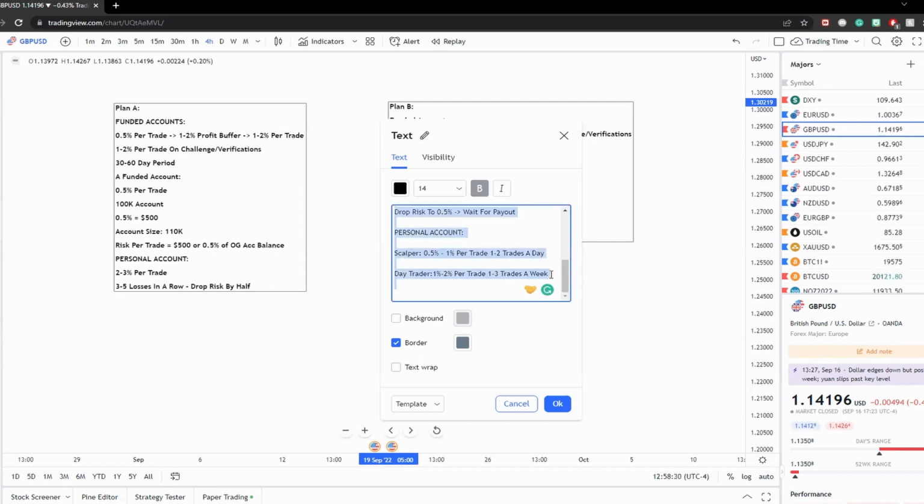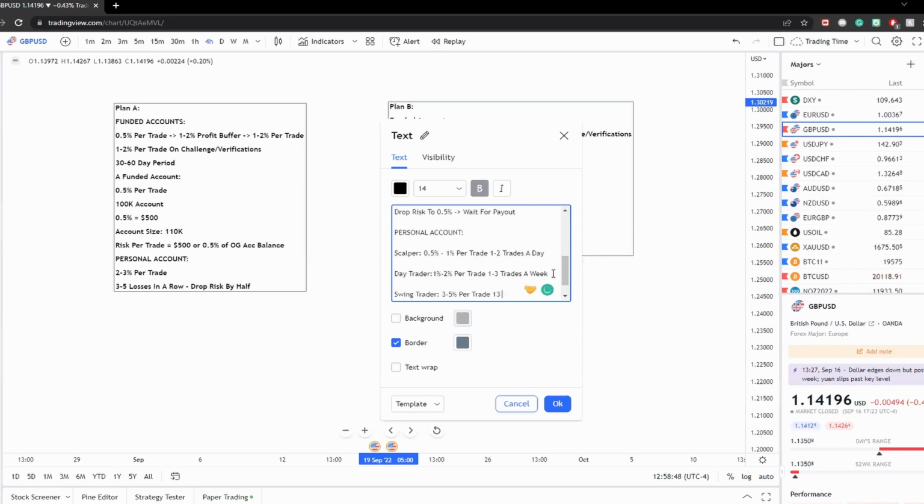So that will be your day trader, 1 to 2% per trade, 1 to 3 trades a week. And now we have the swing trader. Usually for these guys, they go 3 to 5%, and they're hunting, so 1 to 3% per trade, and they're probably taking 1 to 3 trades.